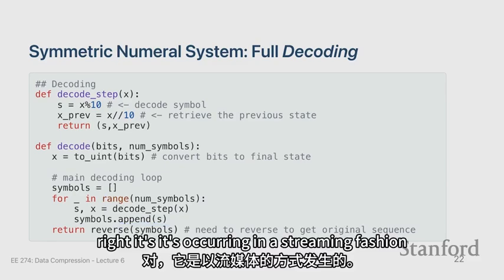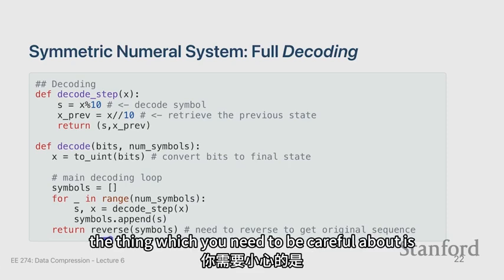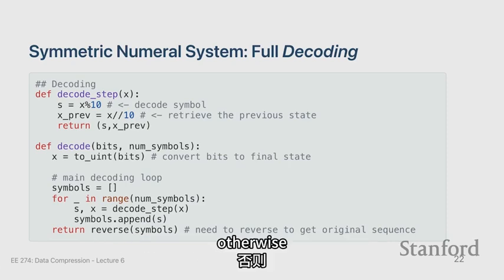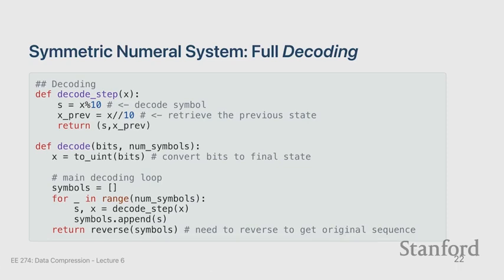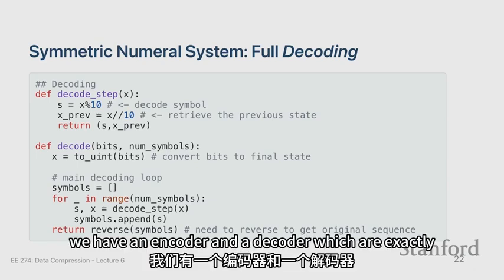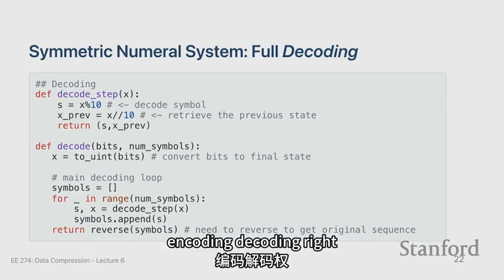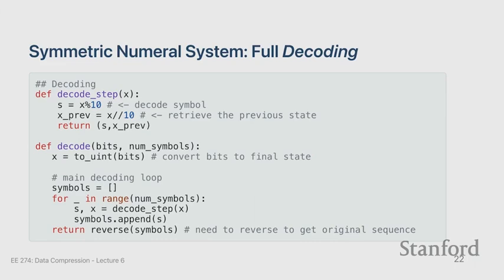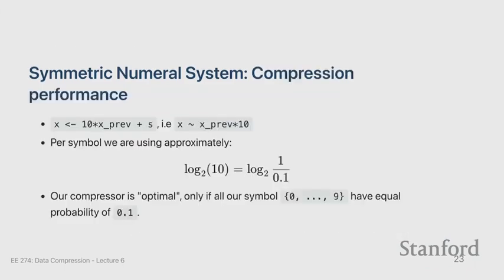It occurs in a streaming fashion. Finally, the thing you need to be careful about is you need to reverse the symbols. Otherwise, the order of symbols in which you are returning things would be wrong. Now, we have an encoder and a decoder which are exactly mirror images of each other. You can ensure that they will always do lossless encoding and decoding, right? Okay. So we have a lossless compressor.